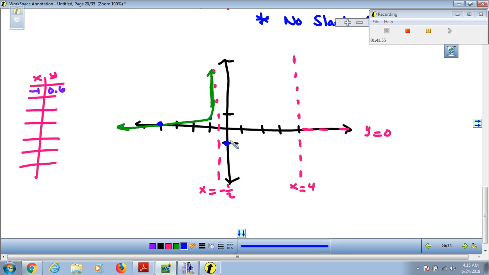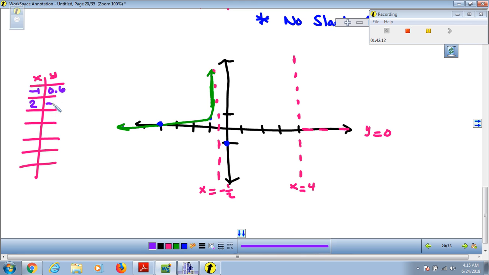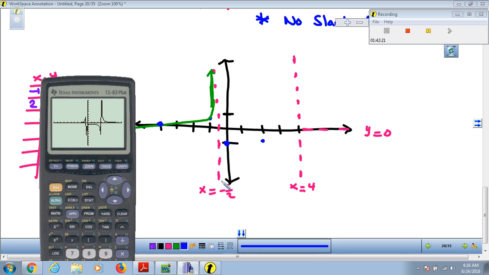Okay. Then for the middle section, let me choose a point here in this section in the middle. Whatever point you want. What do we choose? Do we choose 2 and -0.6? Okay, let's do that one. 2, -0.6. So somewhere here. If you see how this is gonna look, it's gonna look like this.